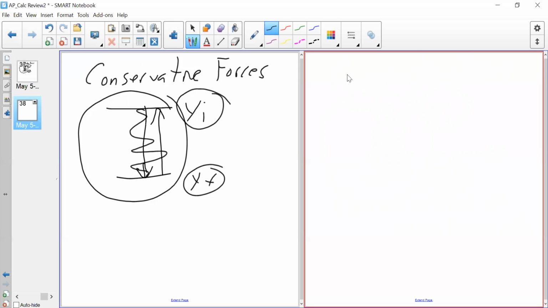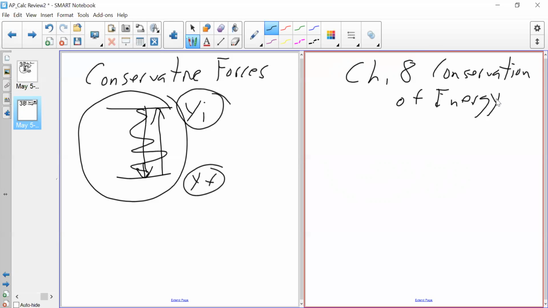Conservation of energy. So in a closed system, say between two points, say we're falling. Let's keep this simple.